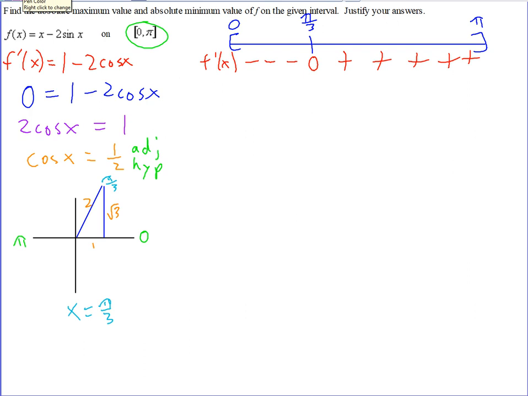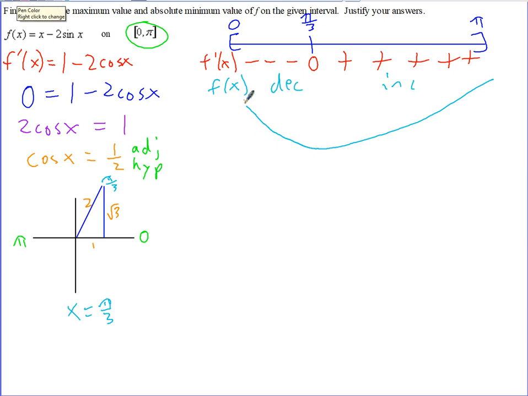The f of x graph, if we sketch it, is decreasing and then increasing. Okay. So that's for both maximum and minimum. So let's start with the maximum here.